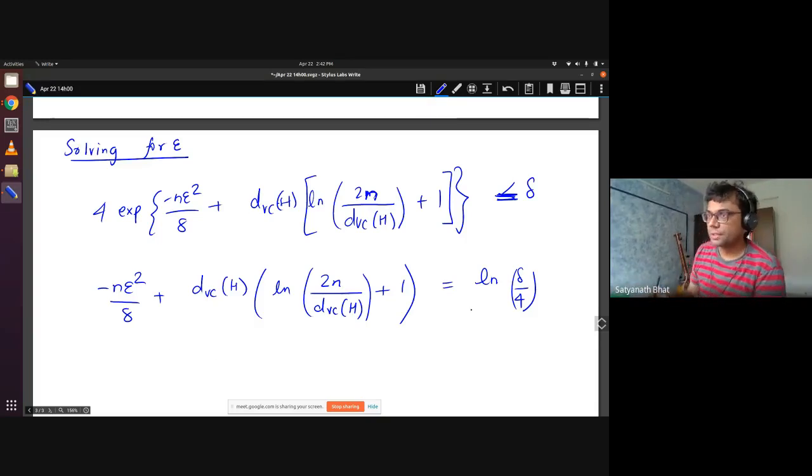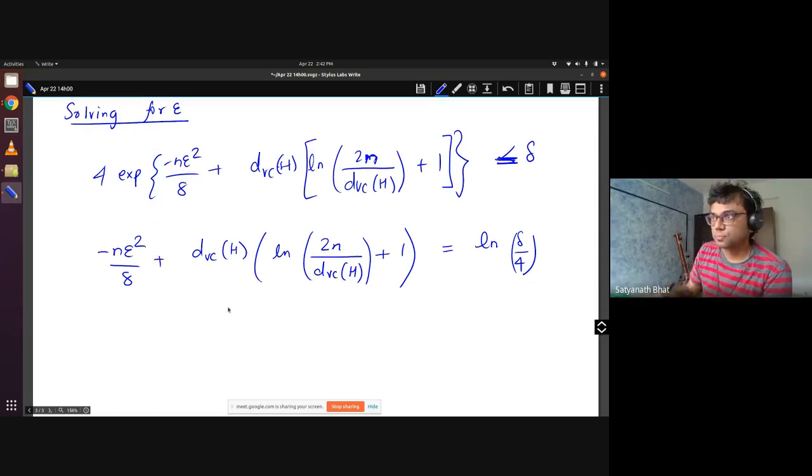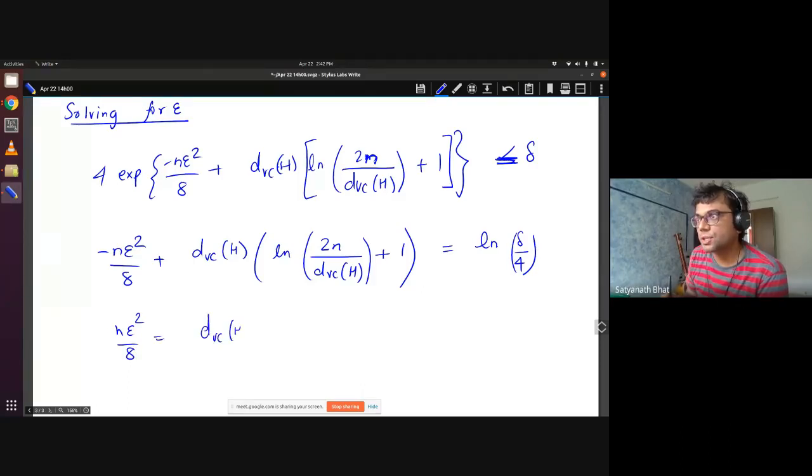Now moving terms here and there, we will get n epsilon squared by 8 is equal to d_VC ln(2n over d_VC) plus 1.